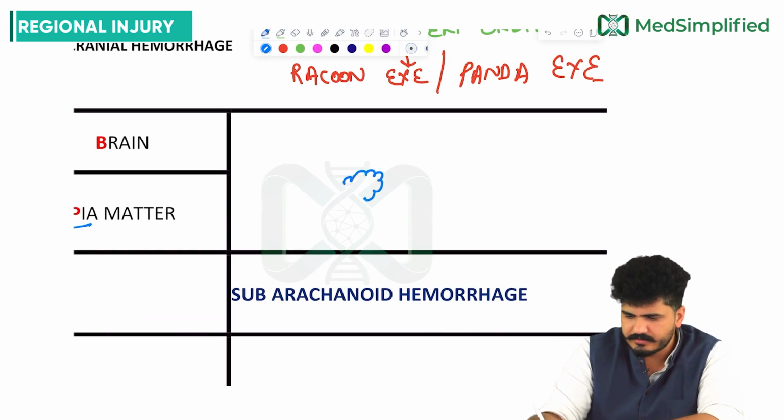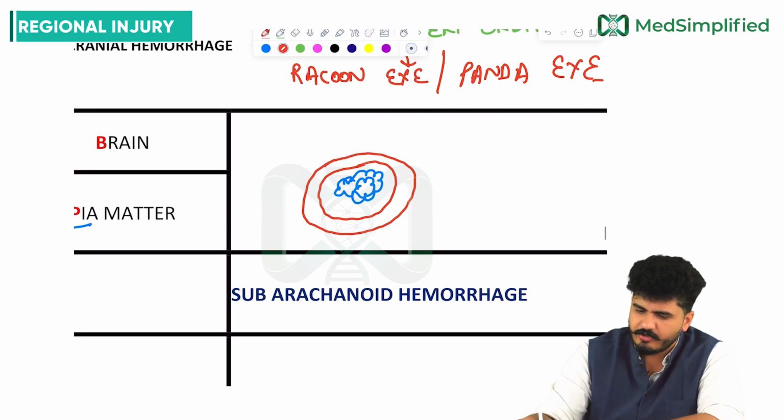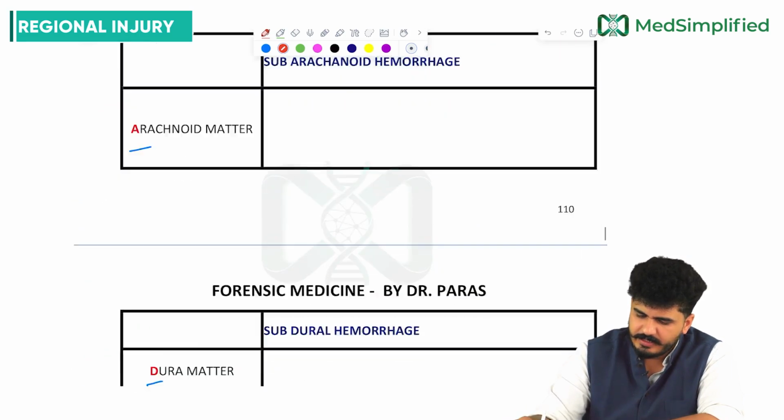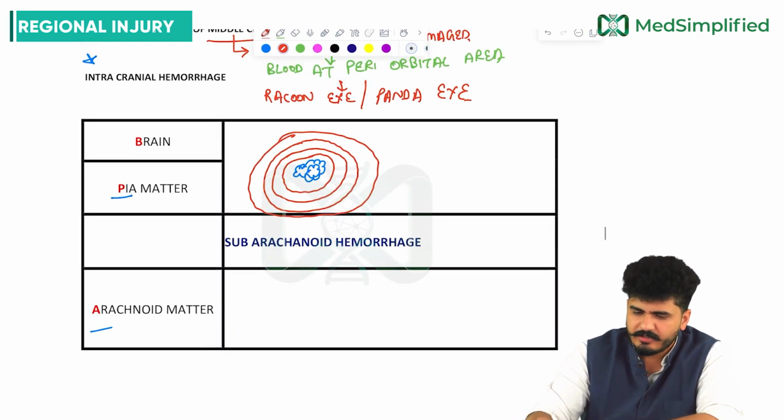If I draw like this, then from inside to outside the structures will be like this: P, that is pia matter, A, arachnoid matter, then D, dura matter, then in the last it will be the skull vault. So how was the mnemonic?